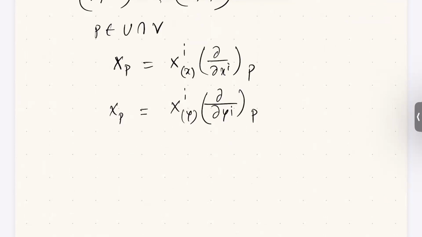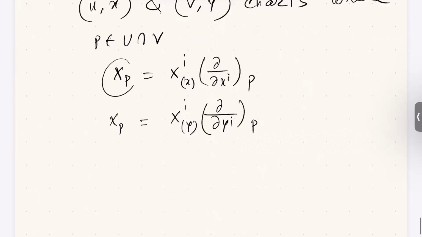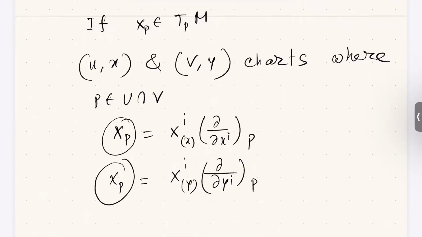Now, since I'm considering different coordinate systems, but this vector xp remains invariant, right? There is no change whichever coordinate system I'm considering. The vector remains invariant.